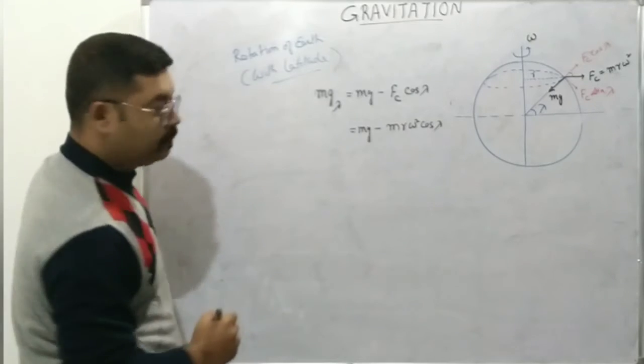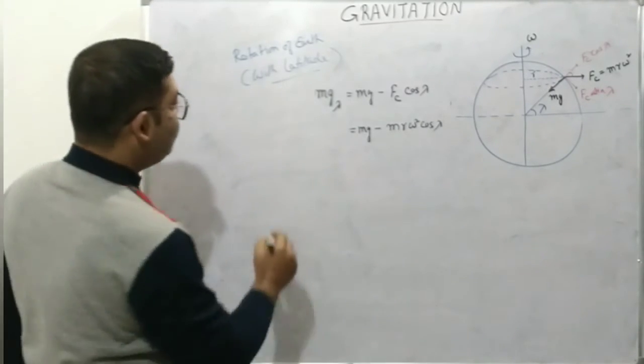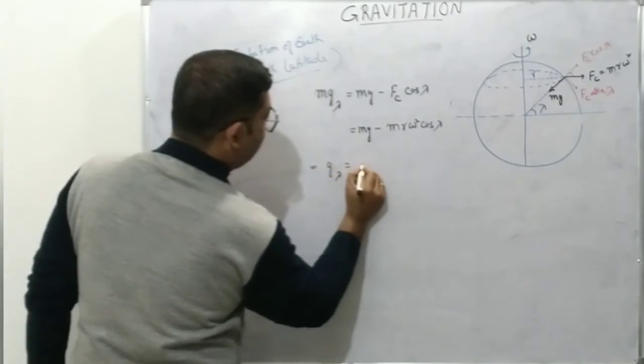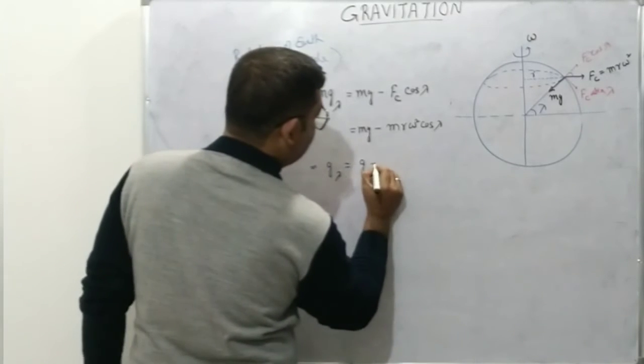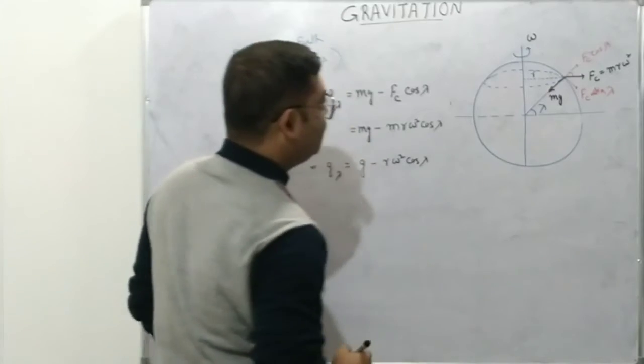Which will give us that g_lambda is equal to g, acceleration due to gravity, minus r omega squared cos lambda.